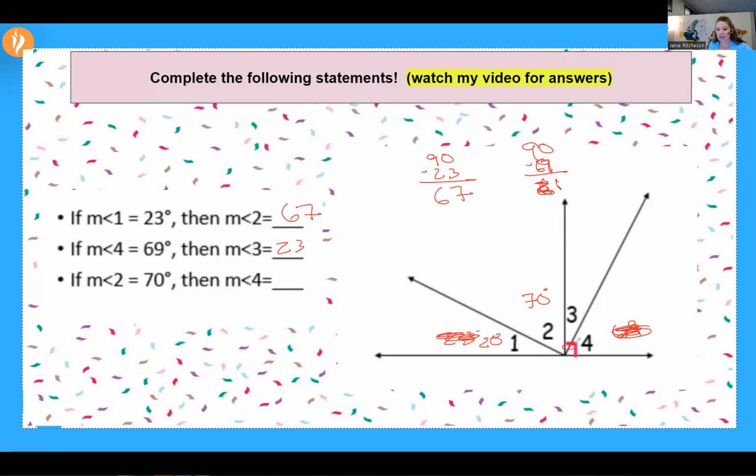I assume this is telling us that this is no longer 90 degrees. So we would know if this were a straight line right here and this is 70, this combined angle would have to be 110. You know what? I don't know. I'm going to put a question mark. So before I release this video, I'm going to know the answer to this question.